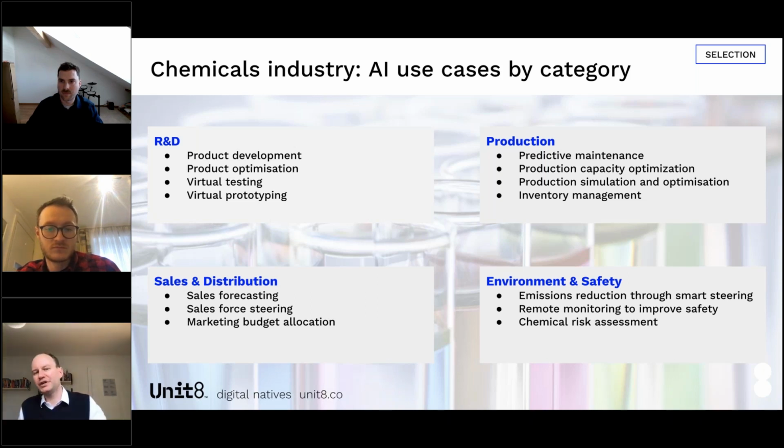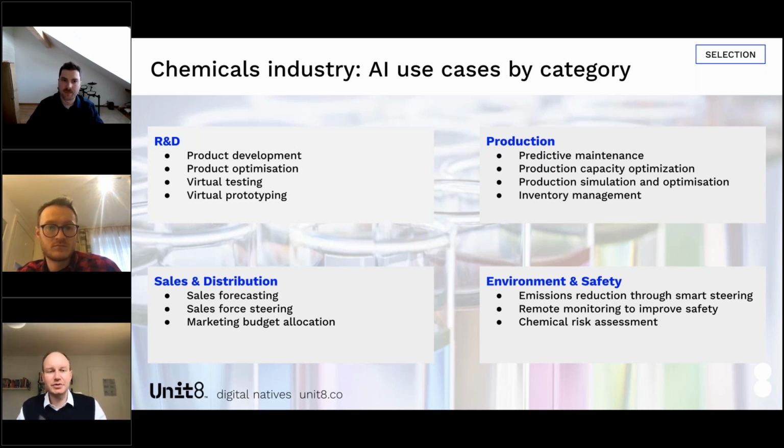Then if you move on to production, it's really a huge field. Predictive maintenance is a very big topic there, where you predict problems before they occur. Say you can clean a sensor before the sensor is defective. In that way, you can reduce downtime, increase efficiency, and save costs.